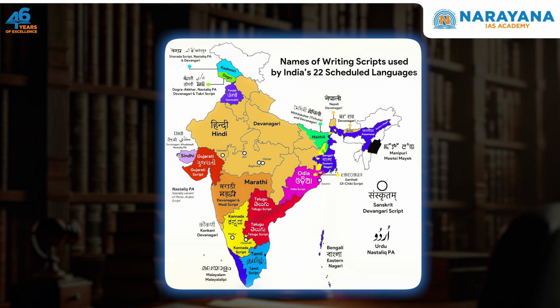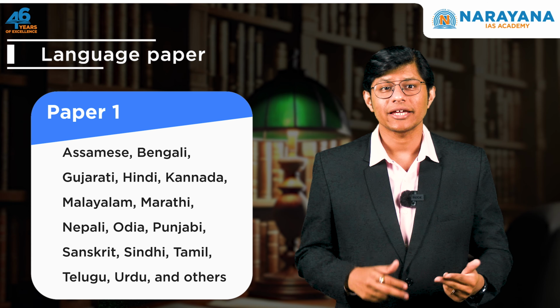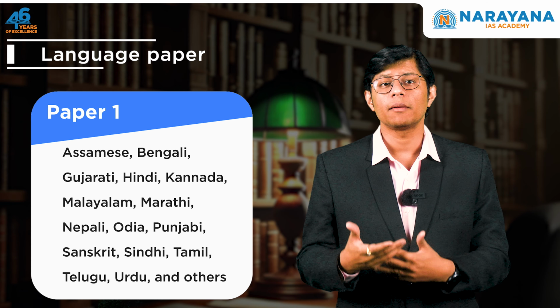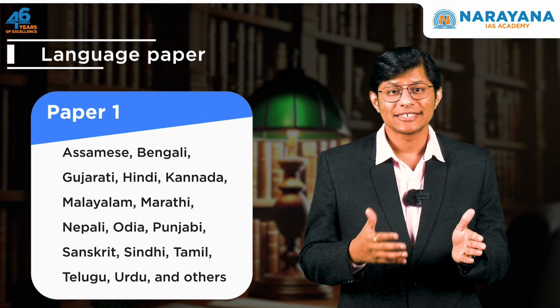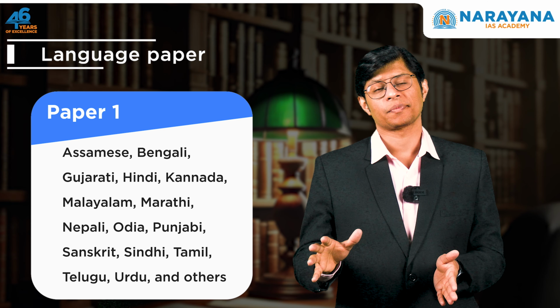The compulsory Indian language, Paper 1, can be chosen from a list of 22 languages of the 8th Schedule of the Indian Constitution, which includes Assamese, Bengali, Gujarati, Hindi, Kannada, Malayalam, Marathi, Nepali, Odia, Punjabi, Sanskrit, Sindhi, Tamil, Telugu, Urdu and others.